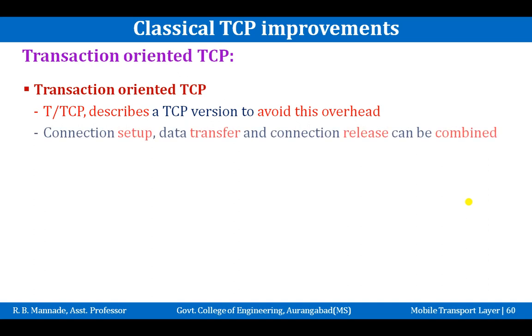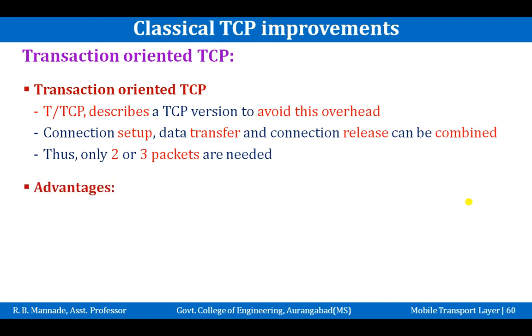How does it remove this? In transaction oriented TCP, connection setup, data transfer and connection release can be combined in a single packet, and thus it requires only 2 or 3 packets in order to send the single packet.